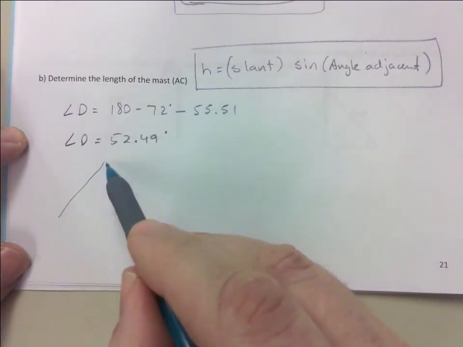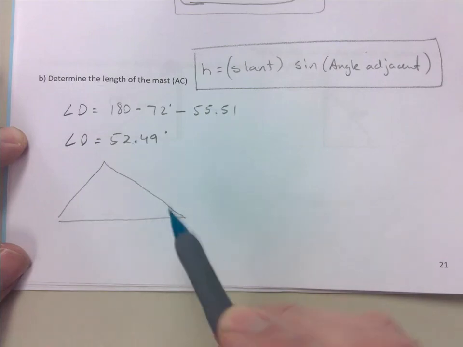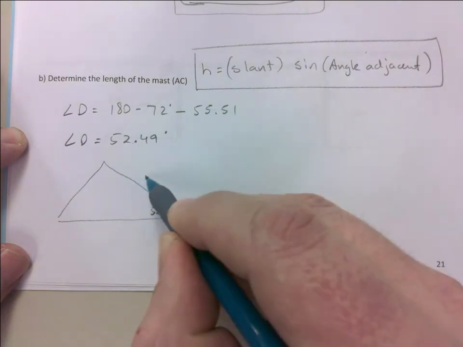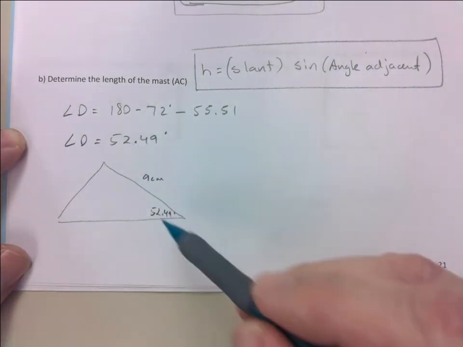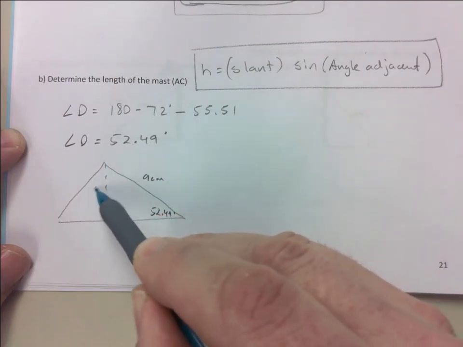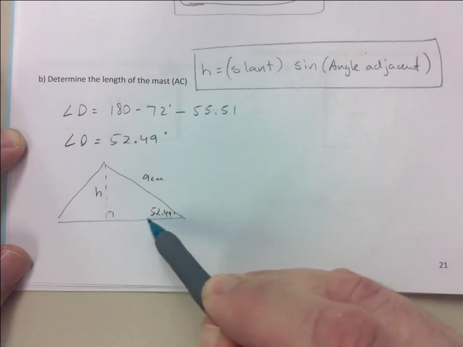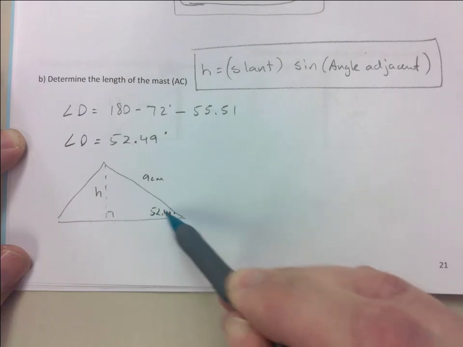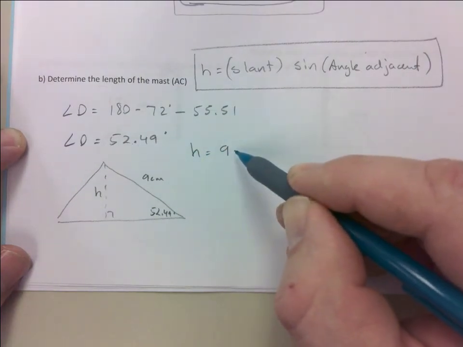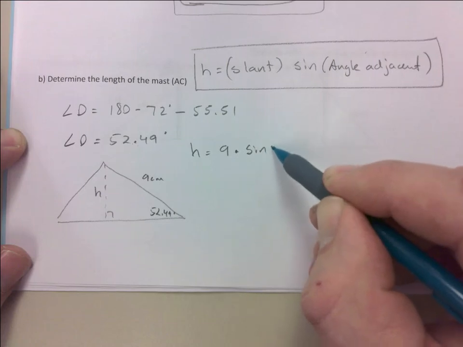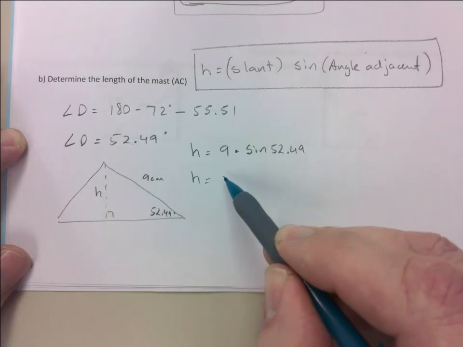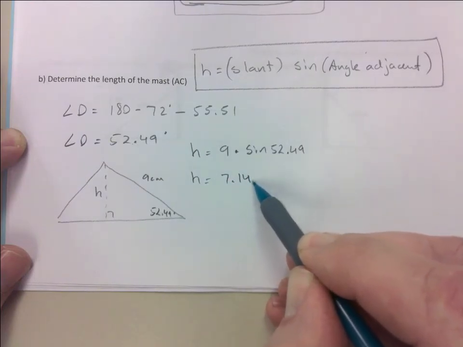And if you're wondering what's going on here, this here is 52.49. And this is 9 centimeters. Okay. So now I have the slant. To find the height here, I have the slant, I have the angle between the slant and the base. So it's going to be 9 times sine of 52.49, which is 7.14 centimeters.